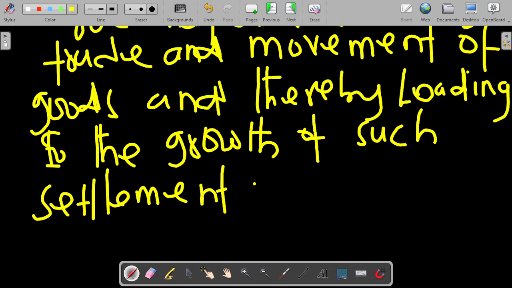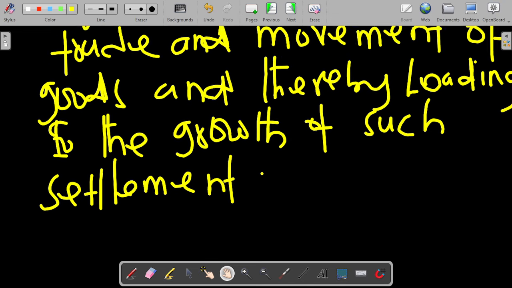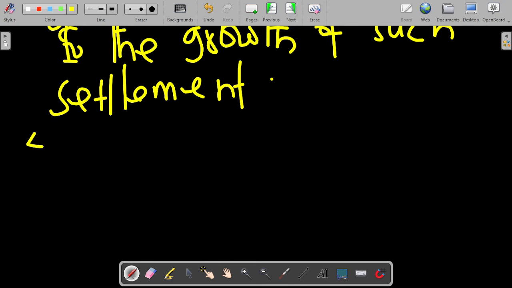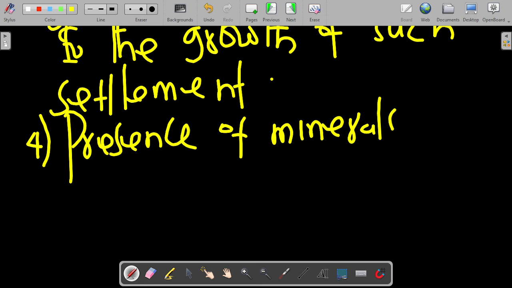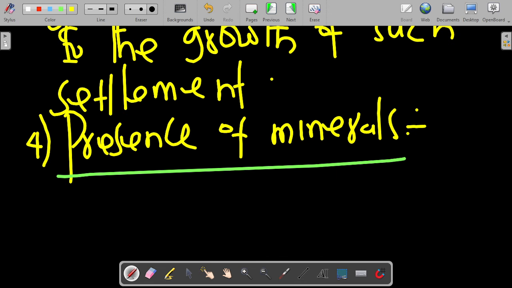Then lastly, number four, presence of minerals, which is raw material, such as gold, diamond, silver, copper, and the rest.